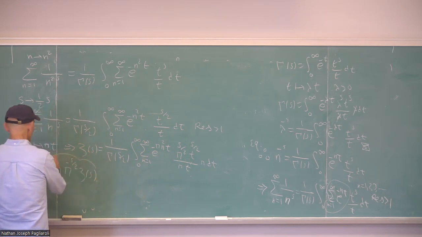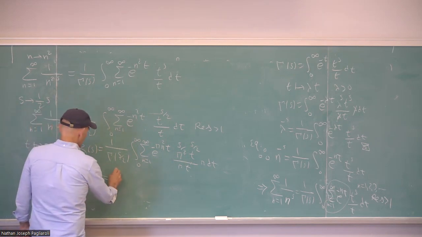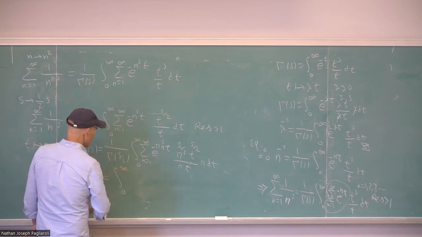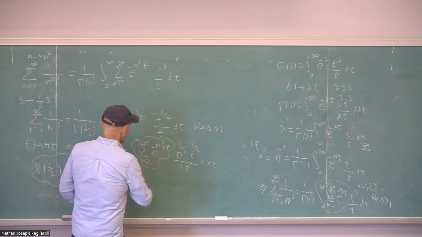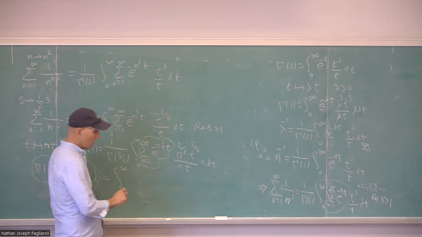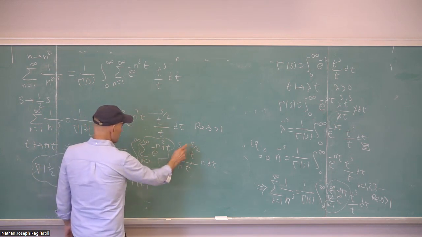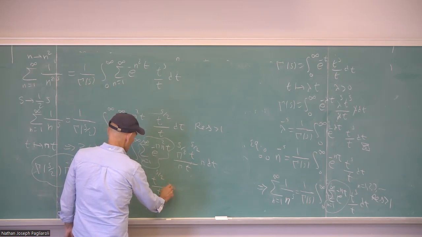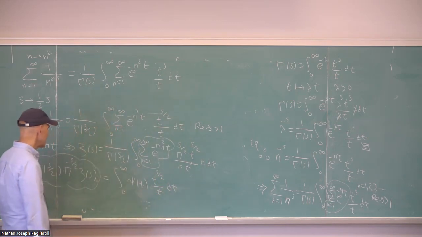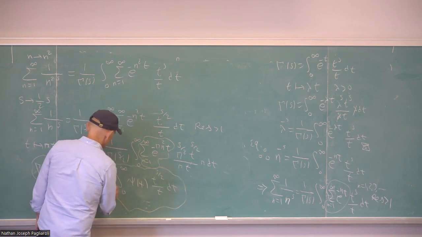This whole thing is equal to the integral from 0 to infinity of this function, which I'm going to call psi of t for now, psi of t, t to the s over 2 over t dt. Okay? And this is the right-hand side.